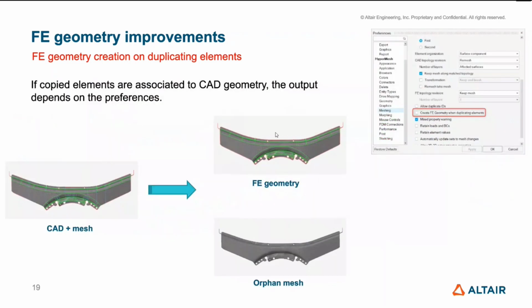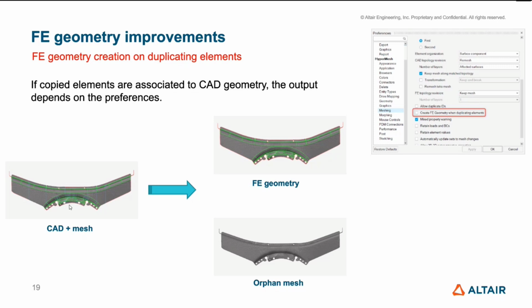If I go to my next slide, here I explain how we can control the FE geometry creation on duplication of elements that are associated to CAD. We have added one option in the preference under meshing called create FE geometry when duplicating elements. This works only for the elements that are associated to CAD.